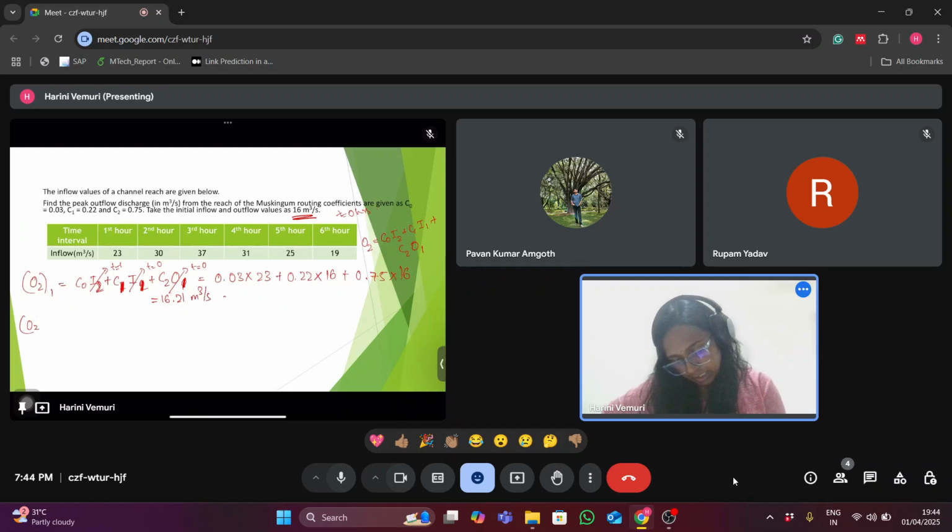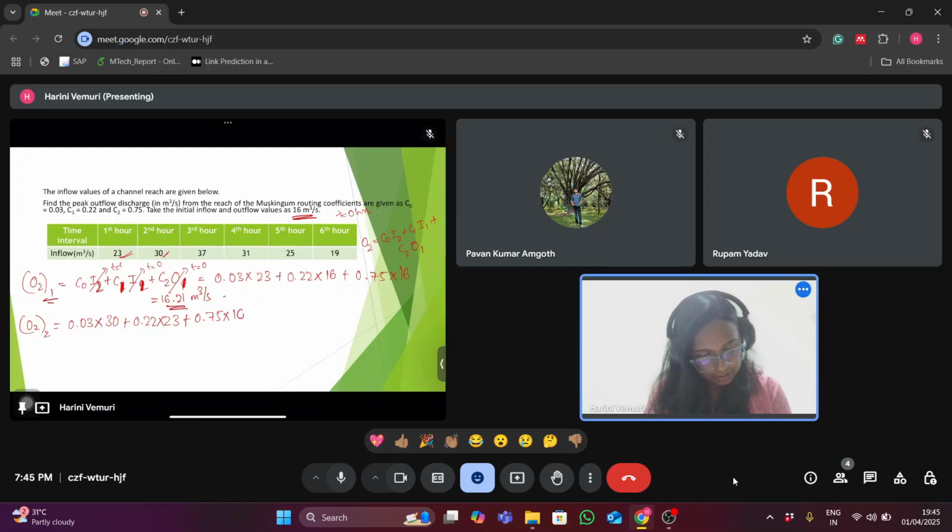Similarly, for outflow at time step 2, it's C naught into I2, that is at time step 2, 30, plus 0.22 into the inflow at time step 1, that is 23, plus C2 into the outflow at time step 1, which we have got here, 16.21. So it is 18.12 meter cube per second.